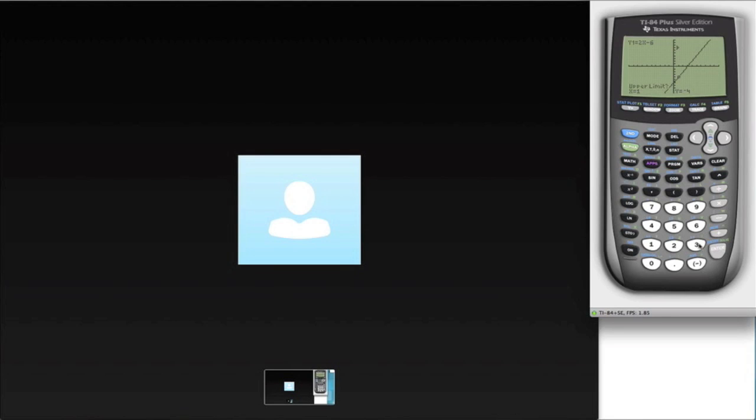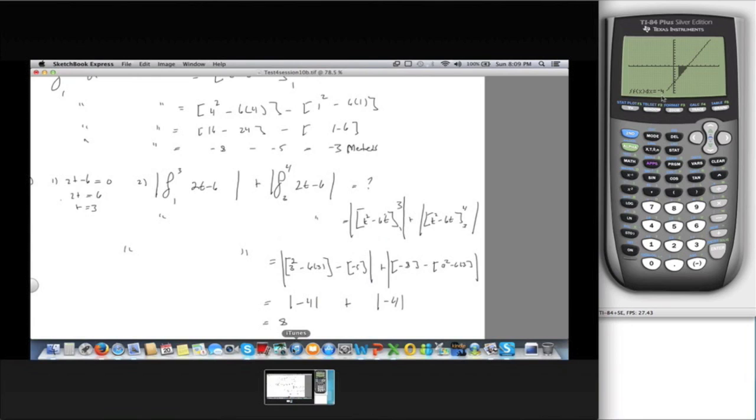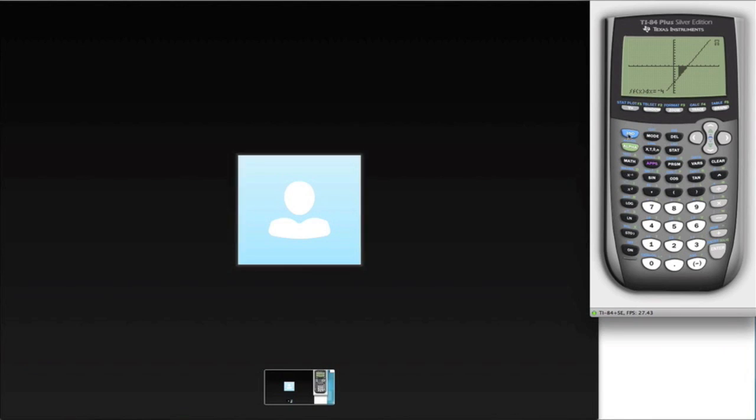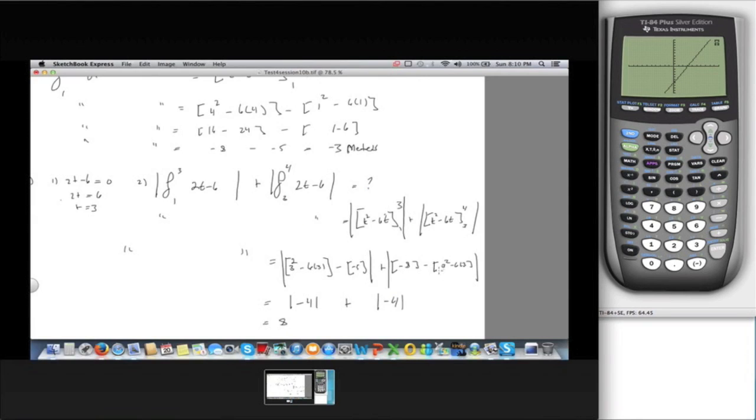Wait, wrong function. Let's see. Yeah, I did something wrong. Okay, so this was -8 because we had already gotten that. That's right. And then this was 3 squared minus 6 times 3.